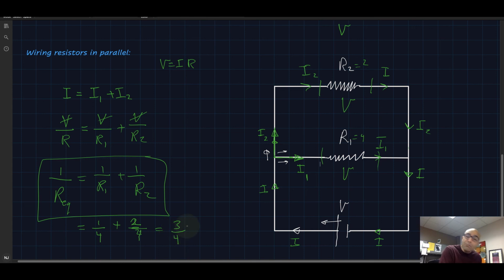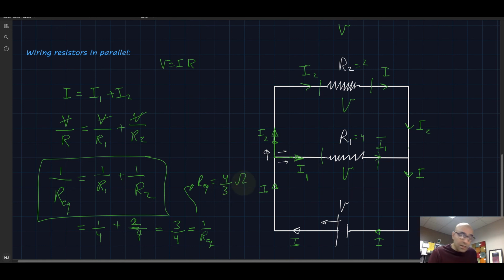But remember, this is 1 over R equivalent, not R equivalent. A lot of people make this mistake and forget to take the reciprocal of this. So to get the right answer, R equivalent should be equal to 4 over 3 ohm.